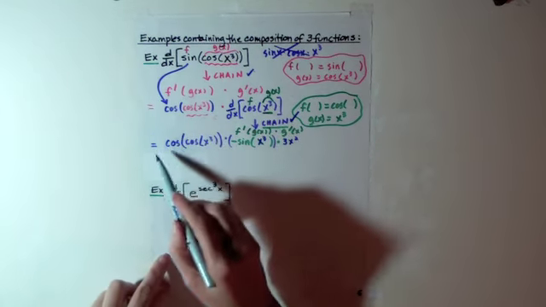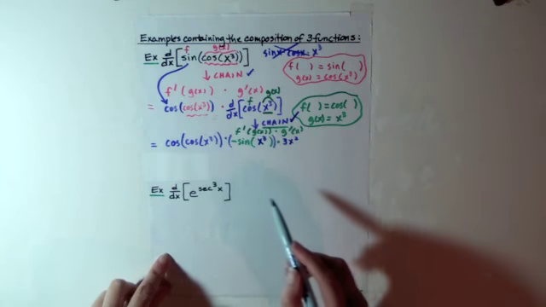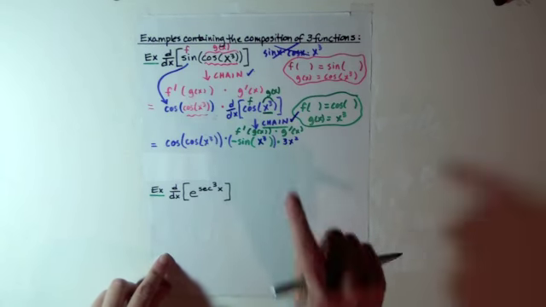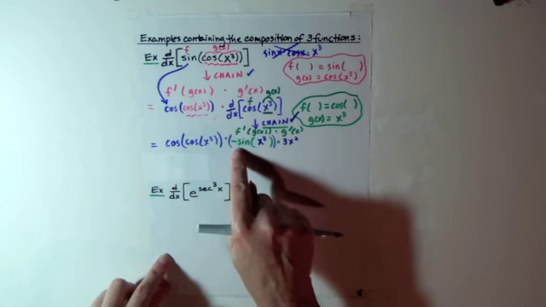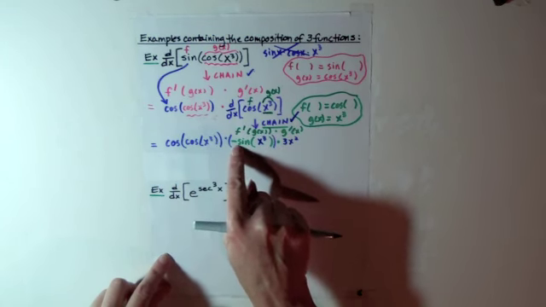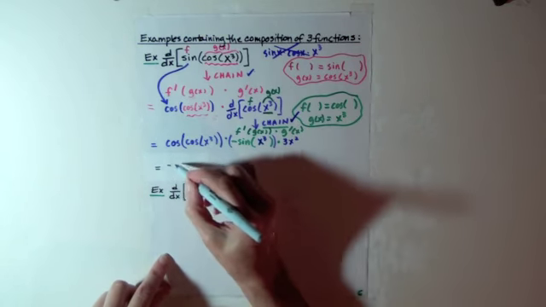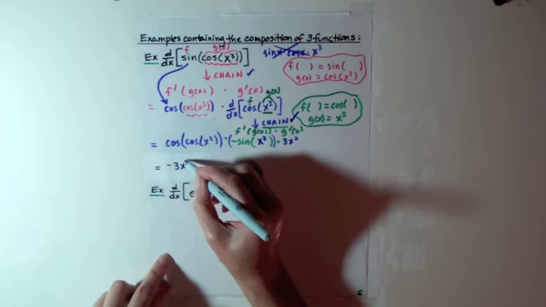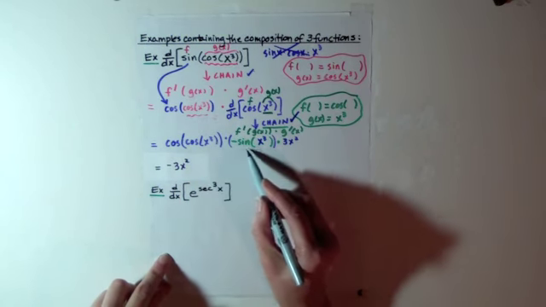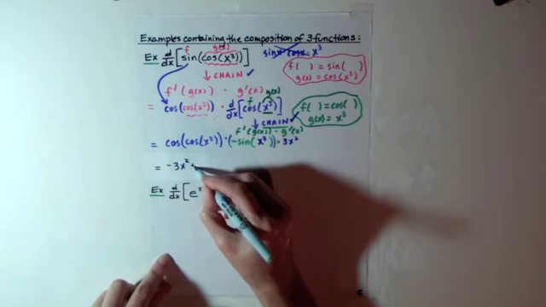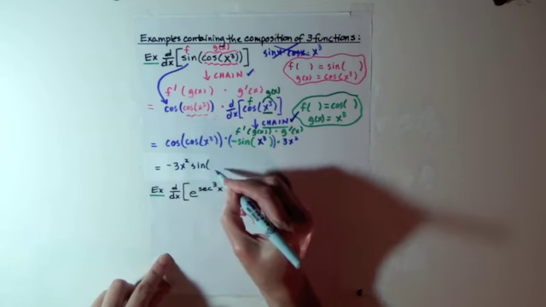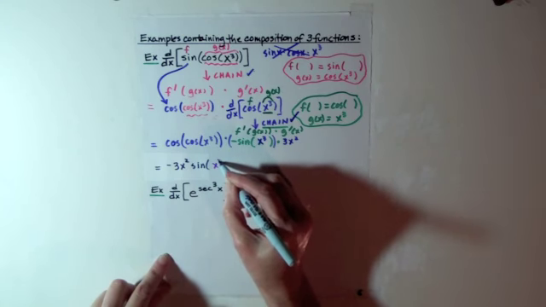Well, let's just clean this up a little bit, because I would like it to look a little bit nicer than this. I have a 3x squared, and you could think of there being a factor of -1 here. Let me pull those short factors out to the front. So I would write this as minus 3x squared. Then I would probably write this shorter factor next. So I'd write times sine of x cubed.